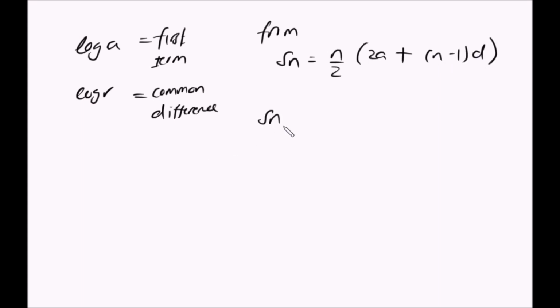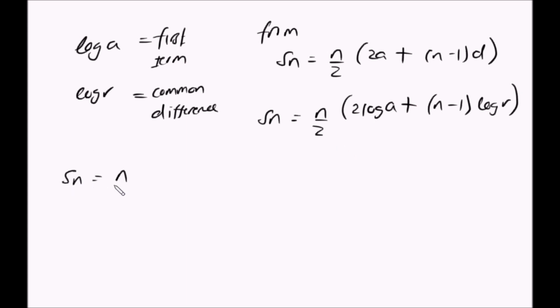So the sum of our n terms itakuwa ni n over 2. So we're going to have 2 log a plus n minus 1 log r. So our sum of n terms itakuwa ni n over 2. Hii 2 log a unaweza kaita log a squared jumlisha, na hii unaweza ukasema ni log r power n minus 1. So huyu na huyu itakuwa ni nini?